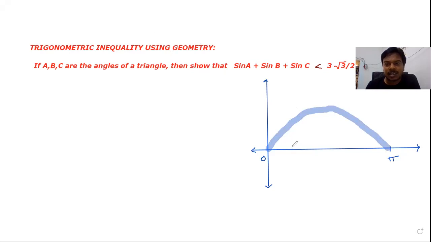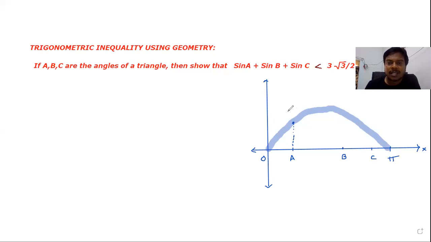Suppose that along the direction of the x-axis, this is the angle A, and assume that somewhere is angle B, and here another angle C I am selecting. Then automatically the corresponding value of A on the function becomes sin A, right?